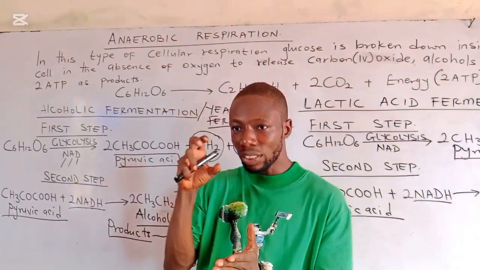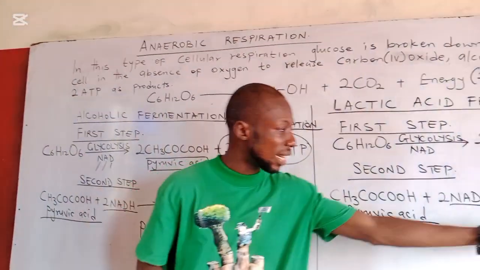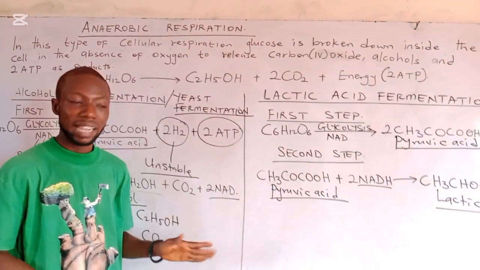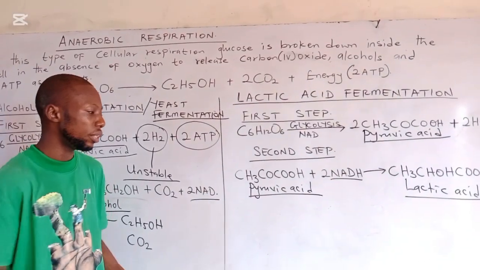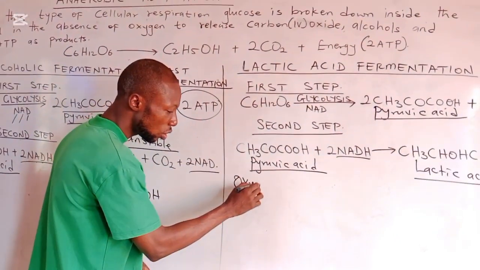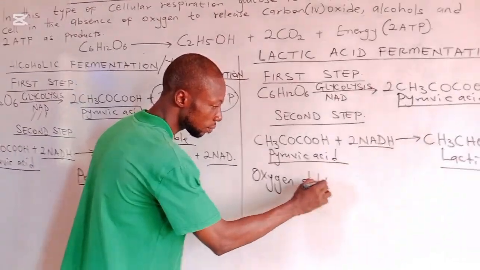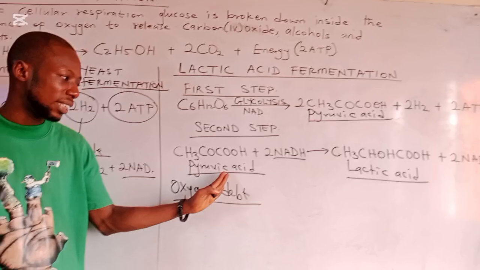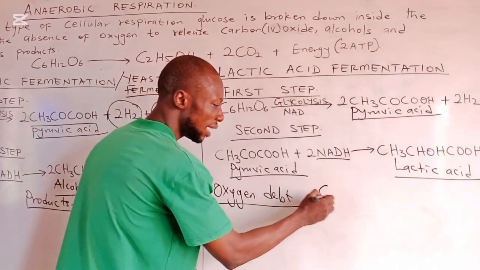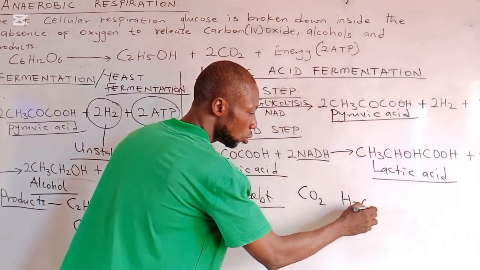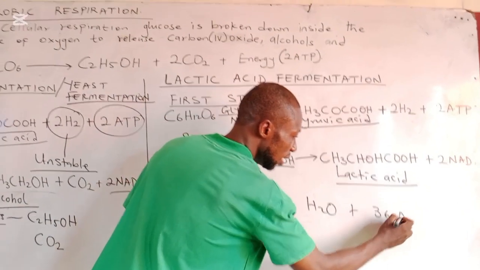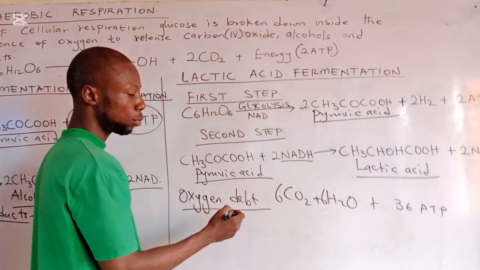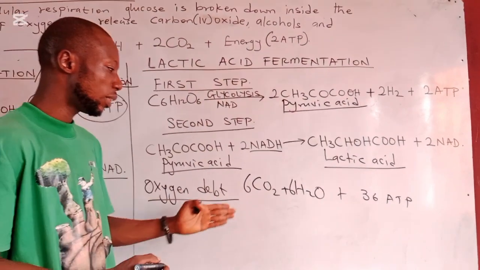Take note, the oxygen required to convert the lactic acid to pyruvic acid, and the pyruvic acid to carbon dioxide, water and 36 ATP as produced in aerobic respiration, is known as oxygen debt.